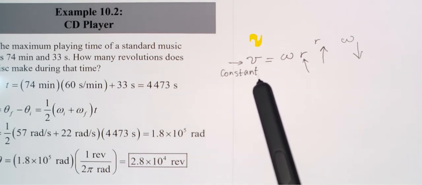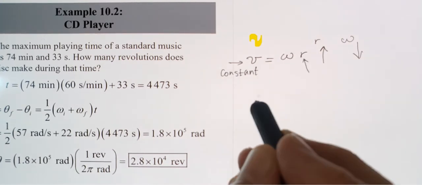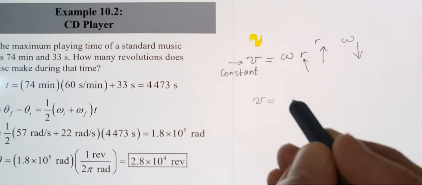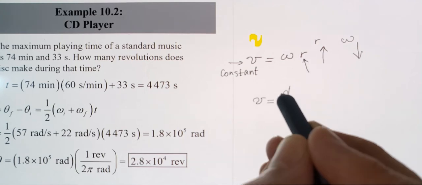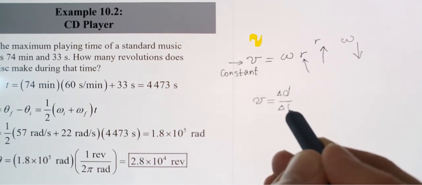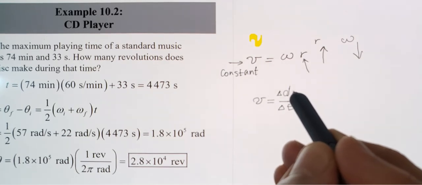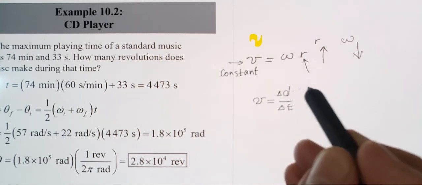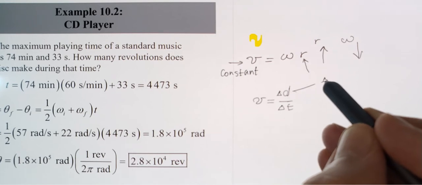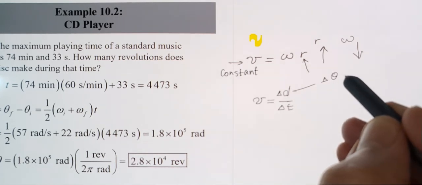So time is not the same, because in the end V is equal delta D over delta T. Delta D is related to delta theta times r.